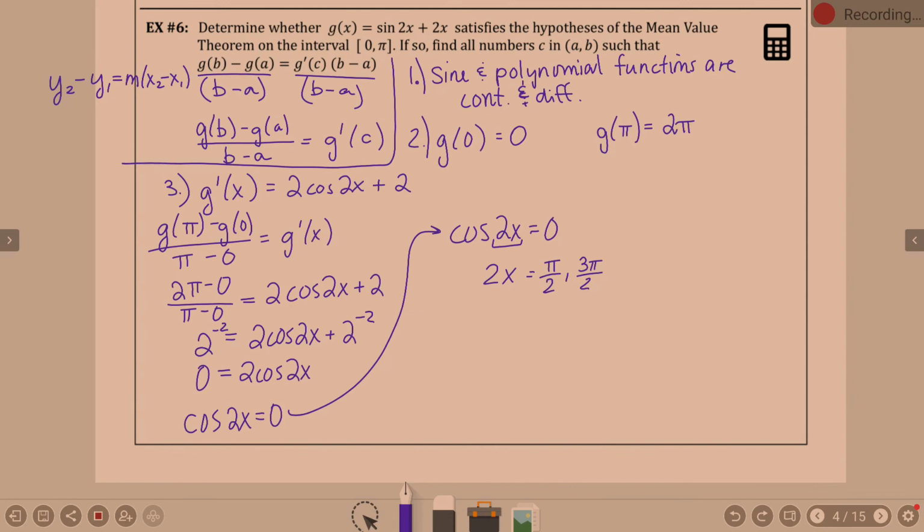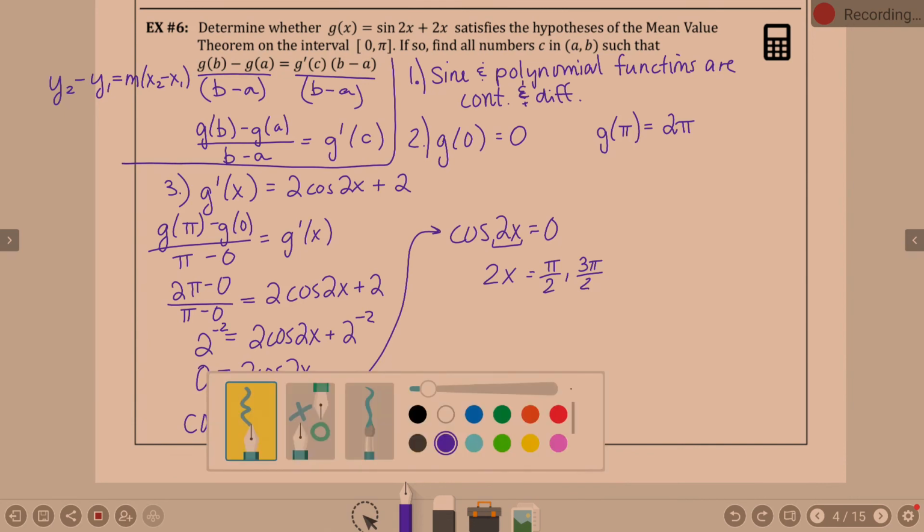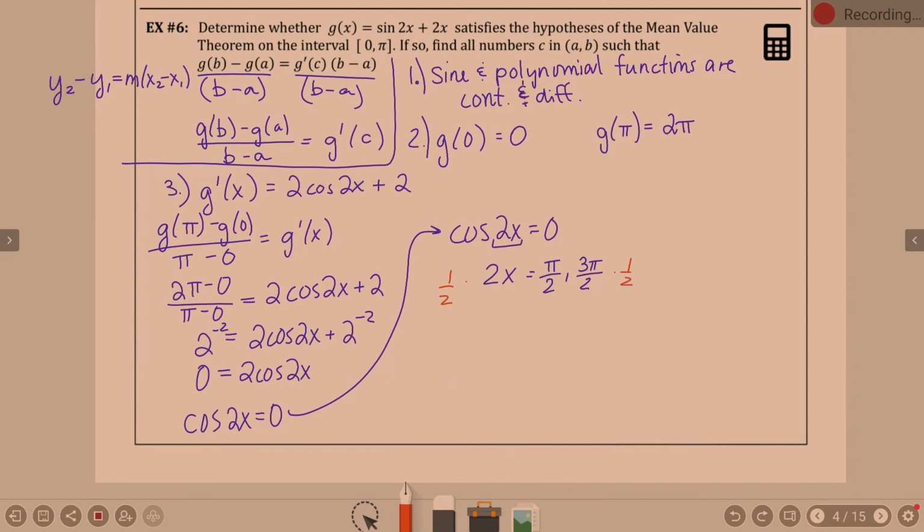So if I set 2x equal to those, what am I doing with that 2 to solve for x? You're dividing by 2, which is multiplying by 1/2. So if I multiply by 1/2, x could be pi over 4 and 3 pi over 4.